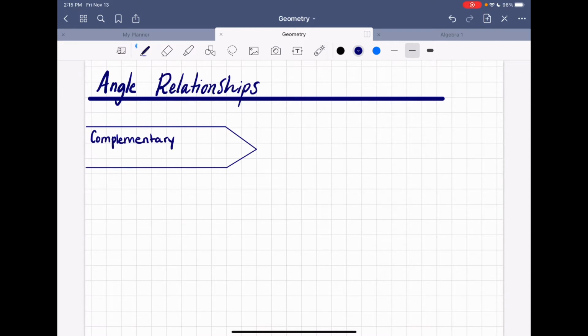Complementary angles. If two angles have measures that add up to 90 degrees, they are called complementary angles.